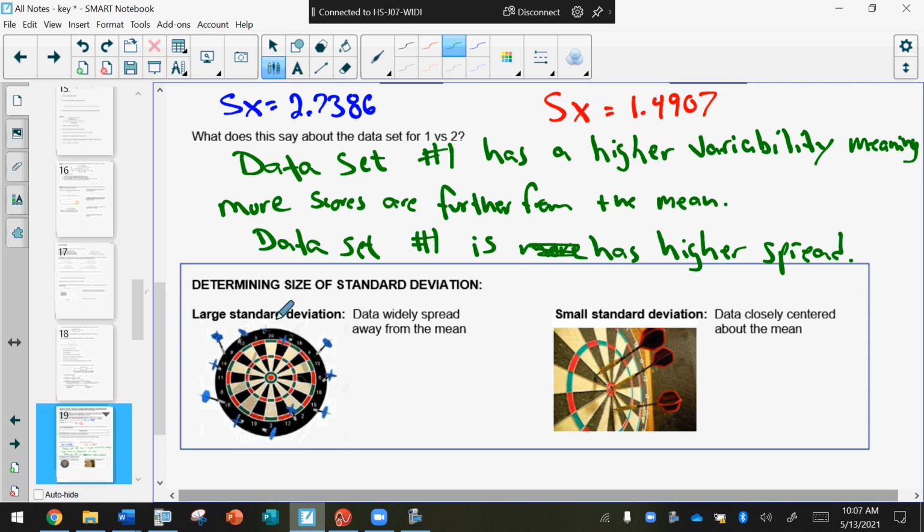They're not clustered. The smaller the standard deviation, the more clustered the data set is around your mean. So high standard deviation, high spread, high variability. Low standard deviation, low spread, low variability. And low variability means your data is clumped closer together, more clustered.